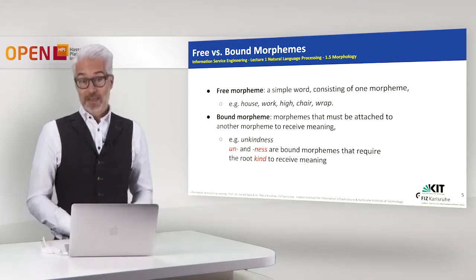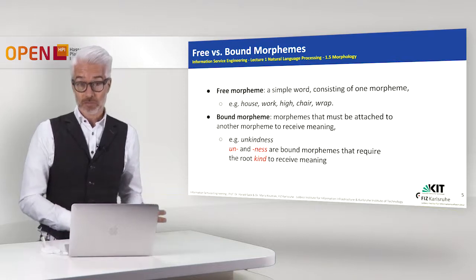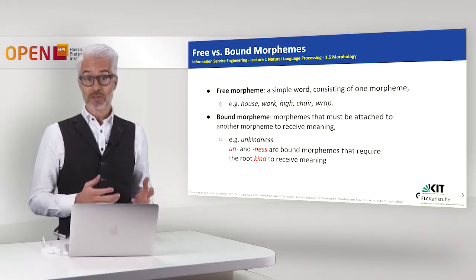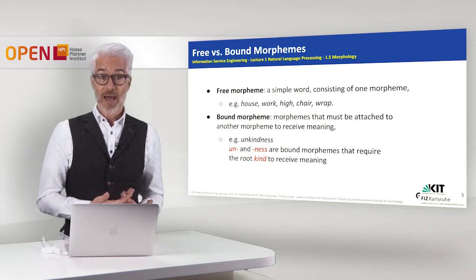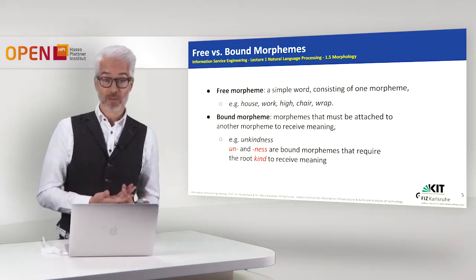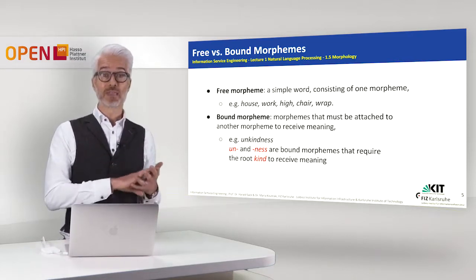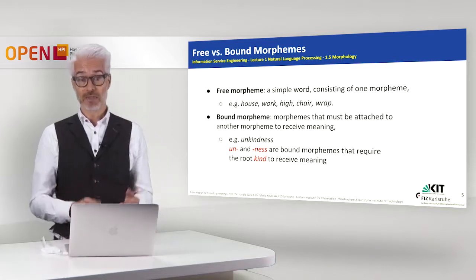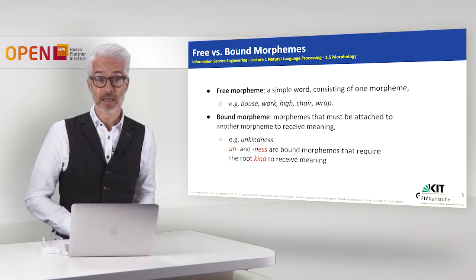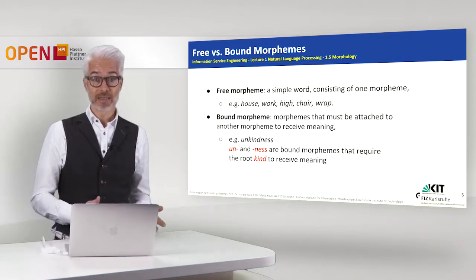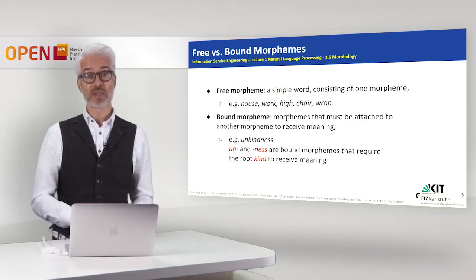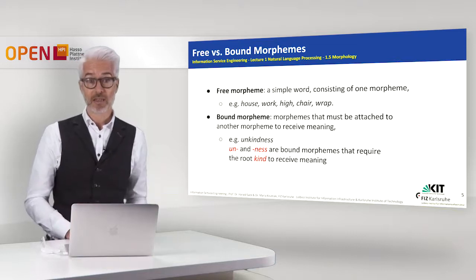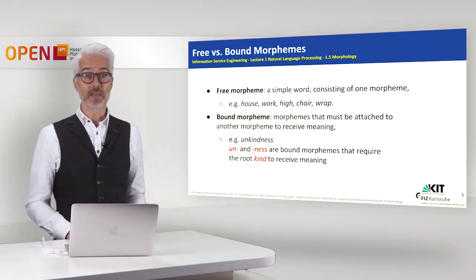So, as we said, we distinguish free morphemes, which are simple words which consist only of one morpheme. And we have bound morphemes, which means these are morphemes that have to be attached to another morpheme to receive any meaning. So for example, here we have the word unkindness, and here un and ness, these are bound morphemes that require the root, which here is kind, to receive any meaning.